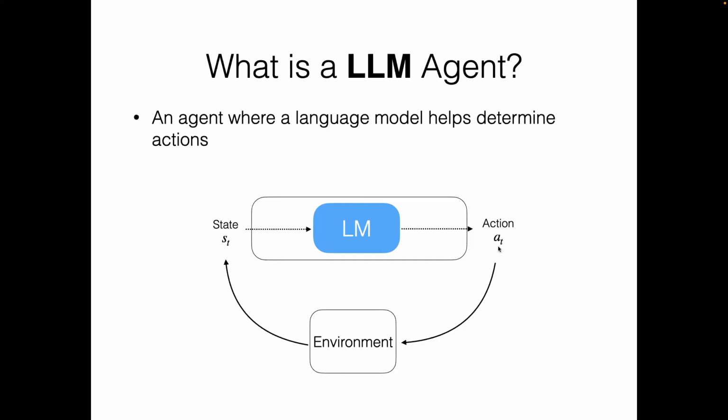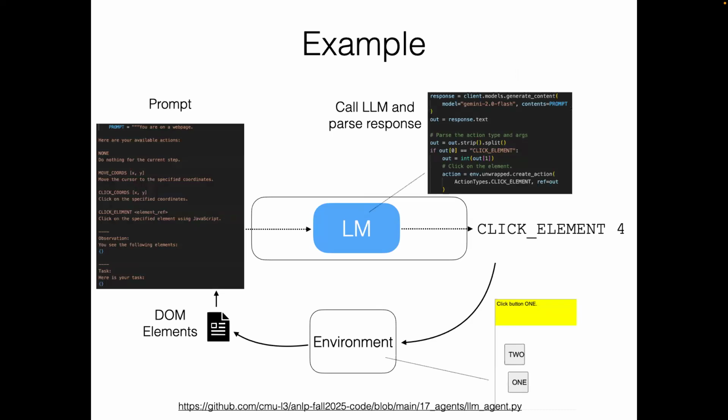Okay, so now to use a language model, what do we have to do? We have to represent things as tokens. So we have to represent this state and the actions as tokens. So what does this look like? Well, here's an example, and it's actually implemented in this code example.